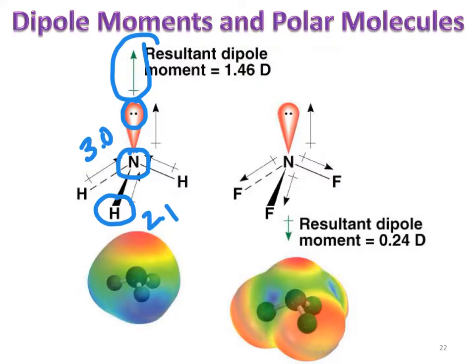Are we going to do calculations with it? No, we're not going to do calculations with it. The way to come up with this would be to do a little bit of three-dimensional vector analysis to figure out how all these dipoles added up together.